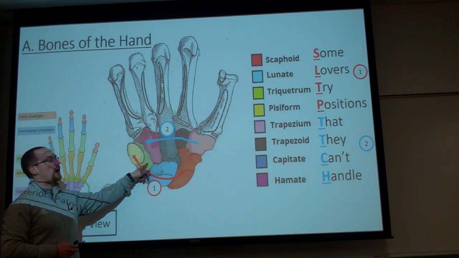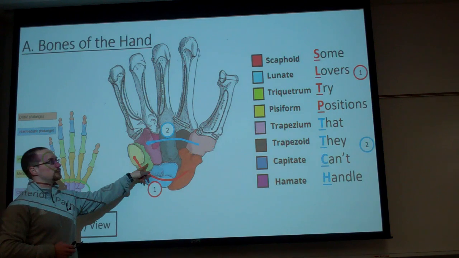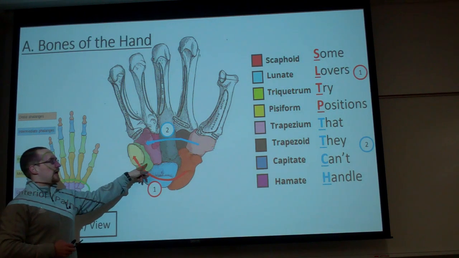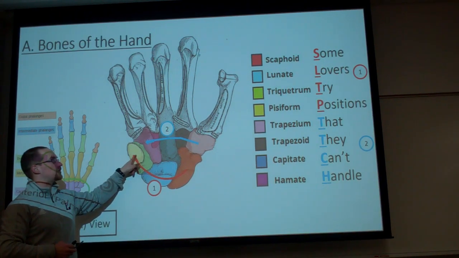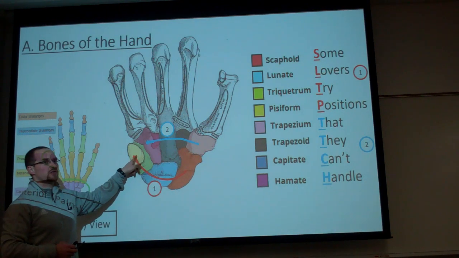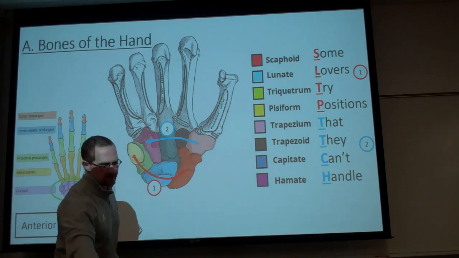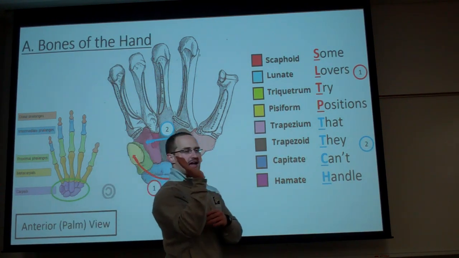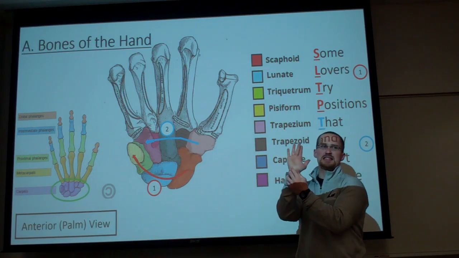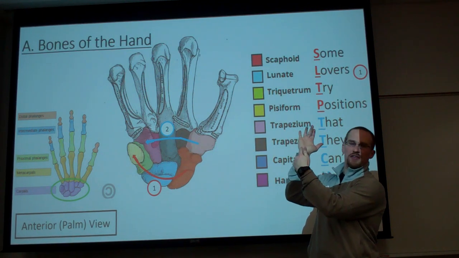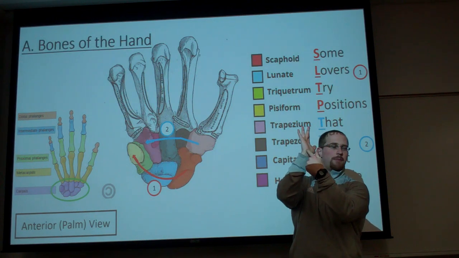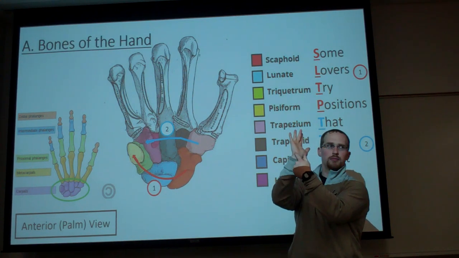Then we've got triquetrum in green. And then on top of that is your pisiform. This bone you can actually feel. Take your hand, go to your pinky side, and poke right on the outside there. That pointy part is your pisiform.